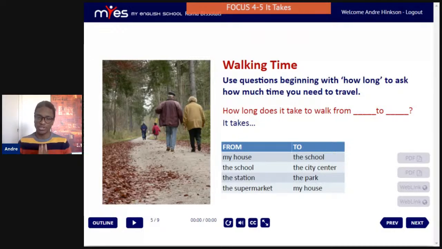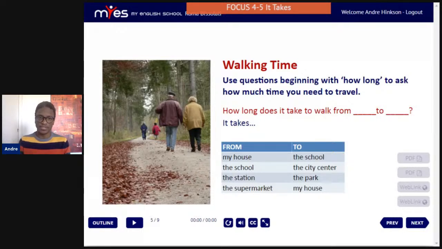Okay, so for you, Pasquale, it takes 10 minutes from your house to the village. Yeah, because you live in a village. So it takes 10 minutes to walk, remember the infinitive of the verb, from your house to the center of your village. Good, excellent.